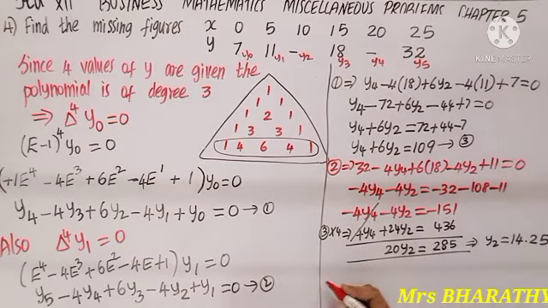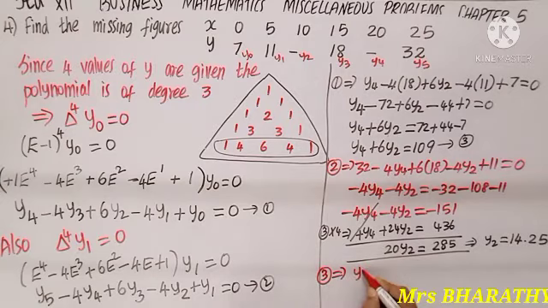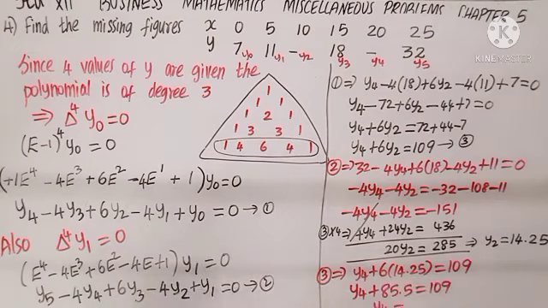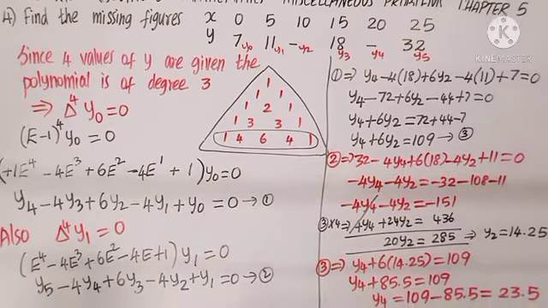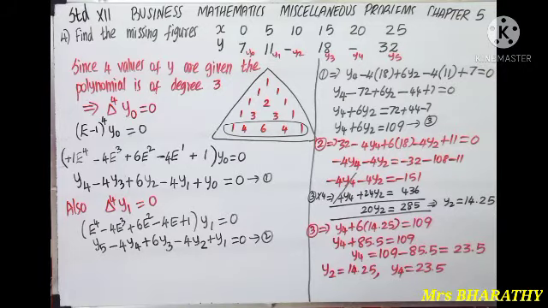Substitute y2 value in equation number 3. y4 plus 6 into 14.25 equals 109, or y4 plus 85.5 equals 109. Bringing this to the other side, 109 minus 85.5 gives us 23.5. So we have arrived at the two values: y2 14.25 and y4 is 23.5.